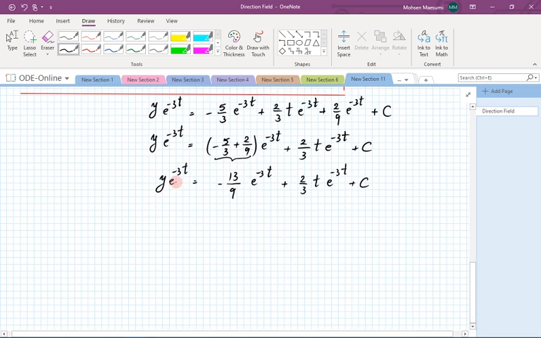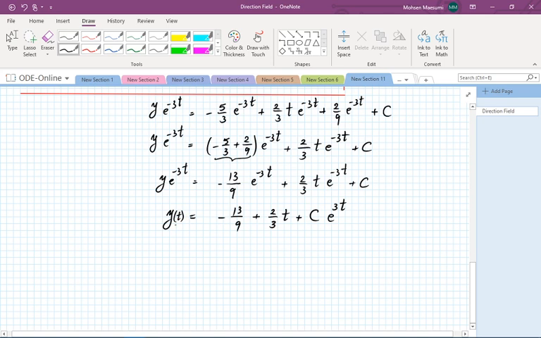I go ahead and multiply by exponential of 3t so that it all cleans up. So I'll have y is equal to, when I multiply by that, this expression just becomes minus 13/9. This becomes 2/3 of t, and then the constant times exponential of 3t. So that constant is very important here. So this is y of t.